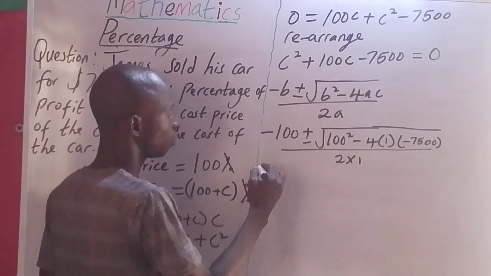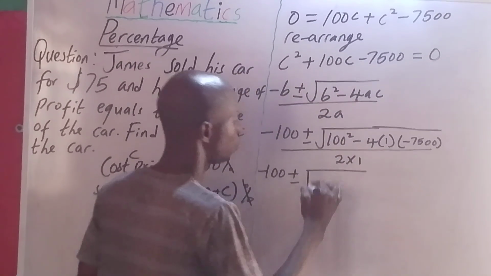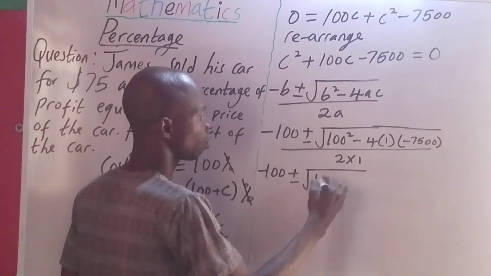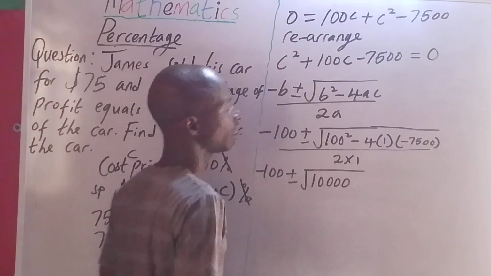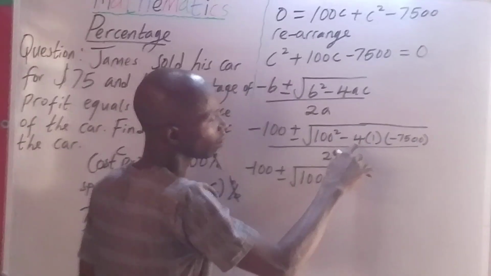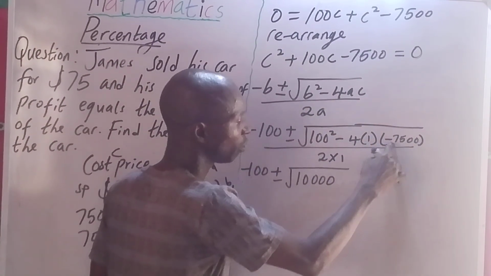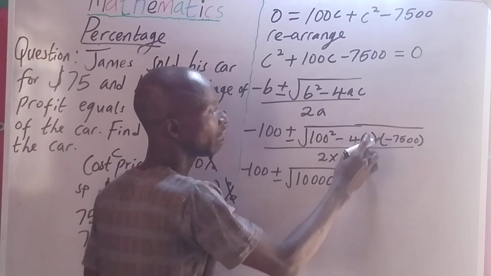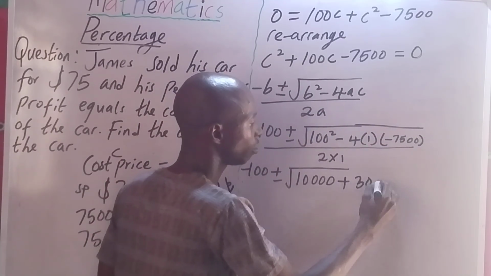Now this will be minus 100 plus or minus the square root of 100 squared, which is 10,000. Then minus times 4 times 1 is 4, and minus times minus gives me plus. 4 times 7,500 will give me 30,000.